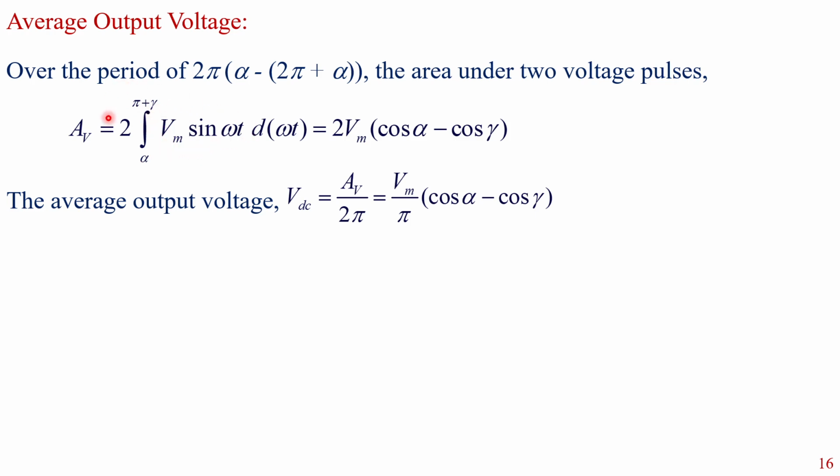If you simplify this expression, you will get 2 Vm times cos alpha minus cos gamma, and the average output voltage can be obtained by dividing by the time period, and this is the final expression for DC output voltage under discontinuous current mode.